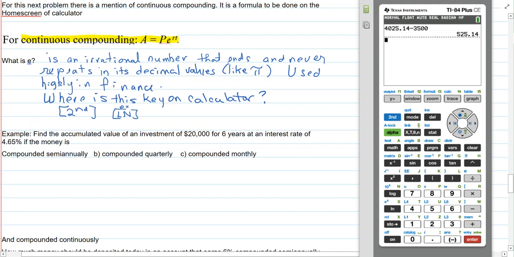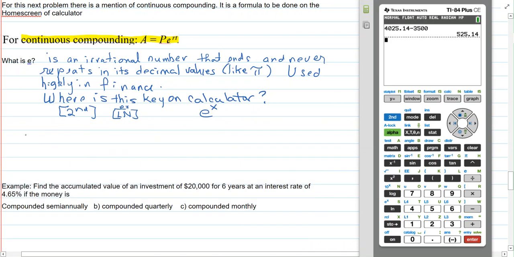It is right here. See e to the x? So let's look at it. We don't use it a whole lot in this course because it's not the financial world, but for the homework, you need to know where it is.